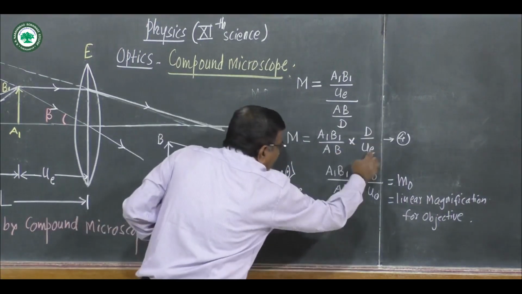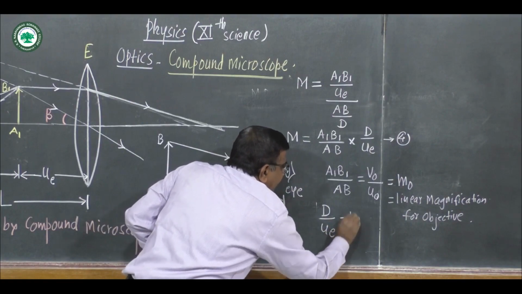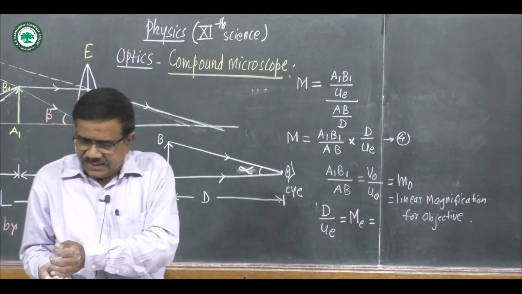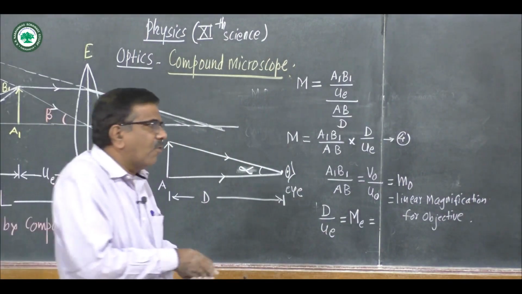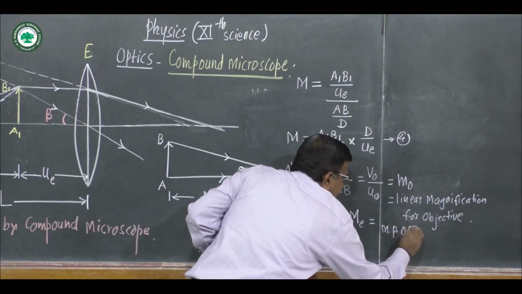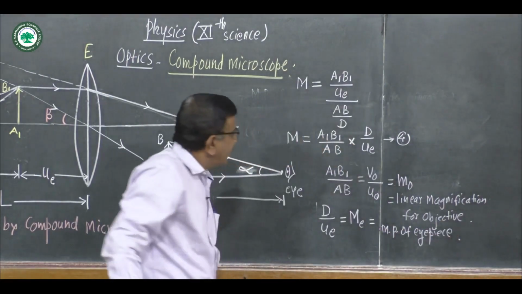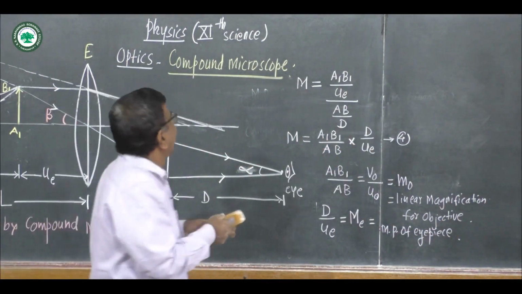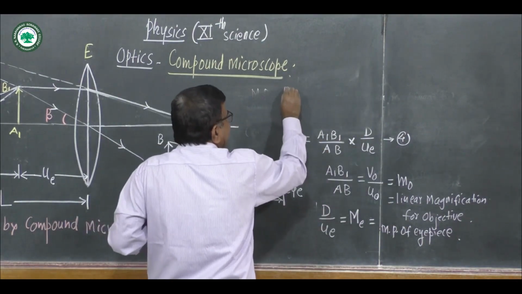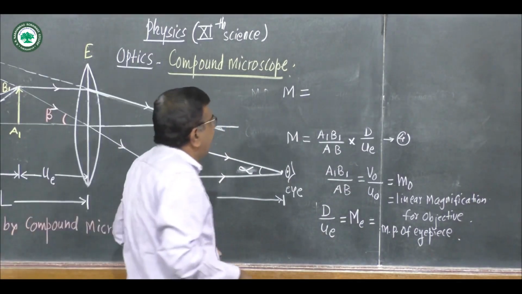Also this D upon UE is ME, and it is magnifying power of eyepiece. Hence our equation 4 becomes magnifying power of compound microscope, capital M, is equal to MO into ME.